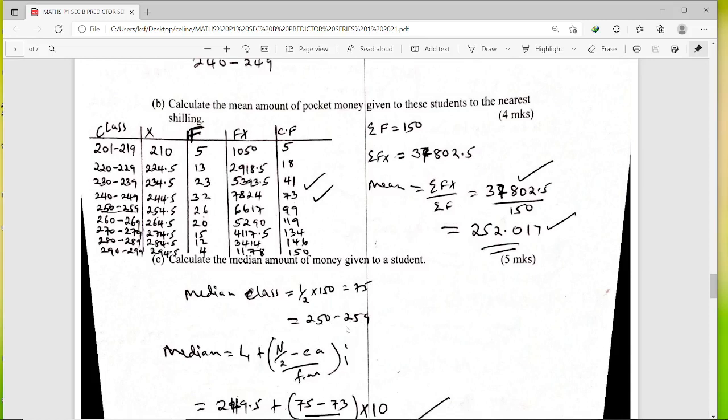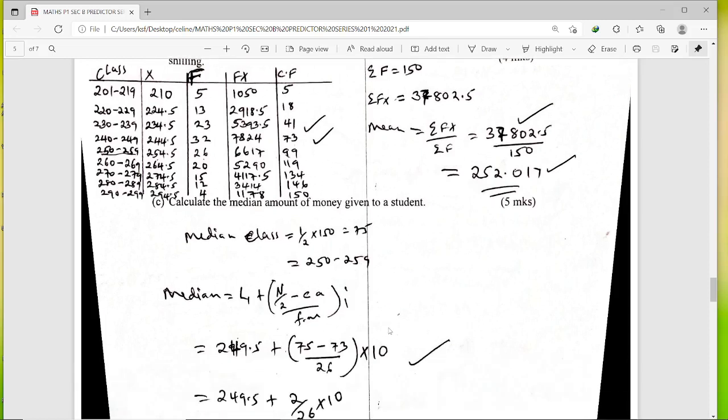And therefore, to get the median, it is L1 plus n over 2 minus CA over FM, into I. L1 means the lower limit of the median class. N stands for the cumulative frequency or the sum of frequencies. For the median, we divide by 2, then minus the cumulative frequency above the median class.